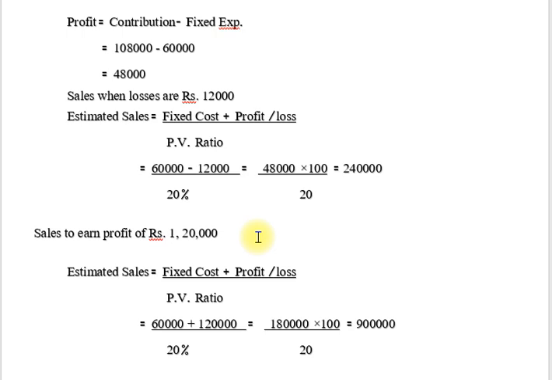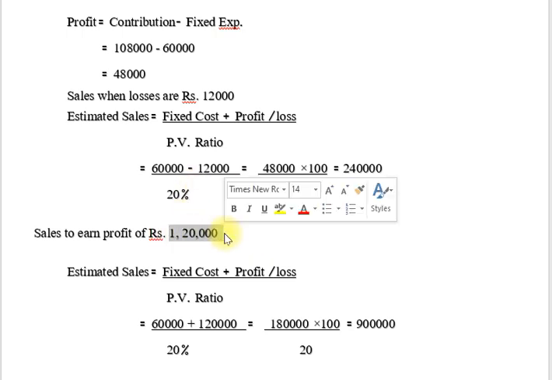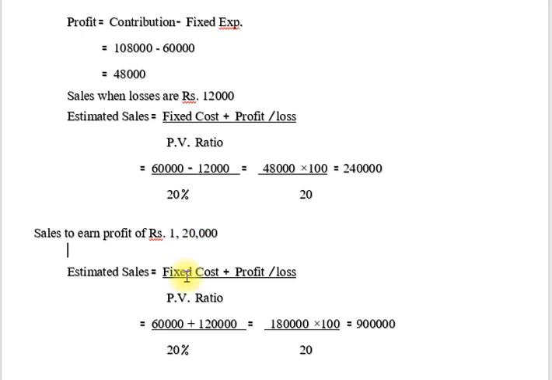Now we put our sum in our equation: 60,000 plus our estimated profit 1,20,000, because we want to earn a profit, upon our PV ratio of 20%. Now we break down this equation: 60,000 plus 1,20,000 is equal to 1,80,000, multiply 100 upon 20. The answer is 9 lakhs.